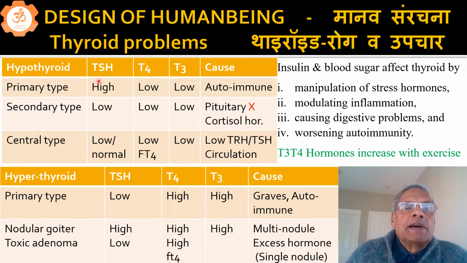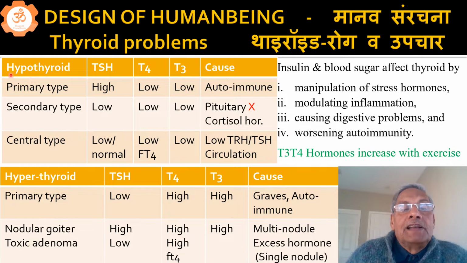Mostly there are two types of thyroid, hypothyroid and hyperthyroid. When thyroid hormones T3 and T4 are low in quantity, then it is hypothyroid, that we have discussed.